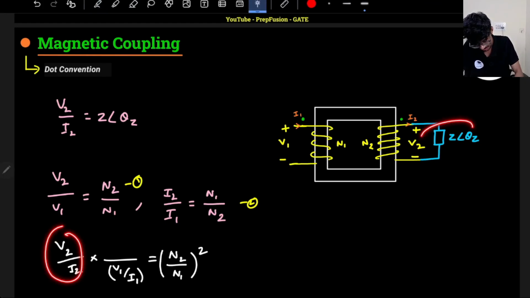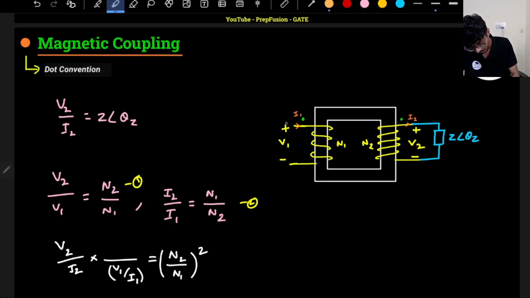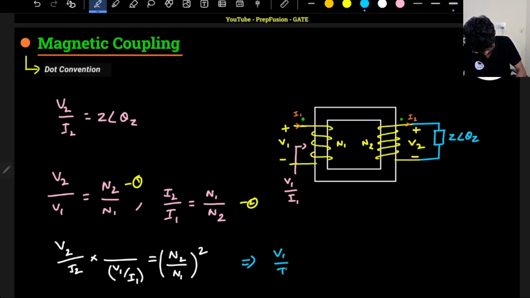I know my V2 by I2 is Z, right? And what is V1 by I1? V1 by I1 will be the impedance seen from this point. So I can say that my V1 by I1, that is the impedance seen from winding 1, or the referred impedance of secondary winding impedance Z, Z dash, will be equal to V2 by I2 into N1 by N2 whole square.